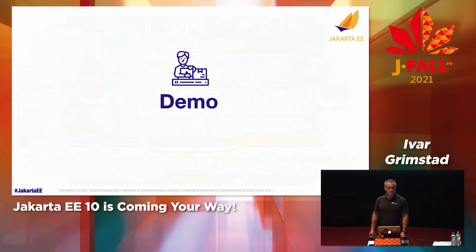Yes, one question there. Why is the Core Profile chosen? Because we already have the Eclipse MicroProfile. The idea behind Core Profile is that the specifications in Core Profile map more or less directly over to the Jakarta EE specifications that MicroProfile relies on.